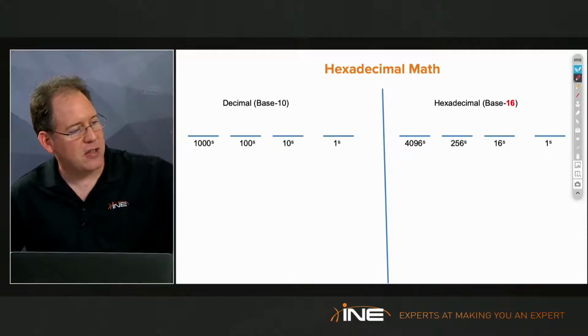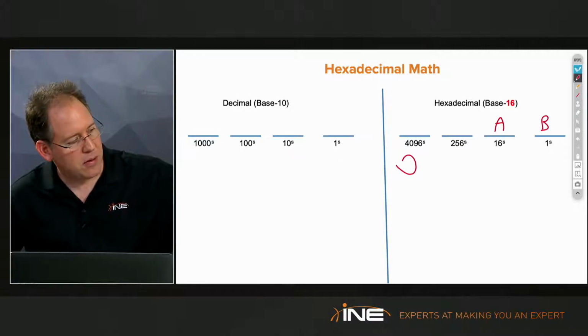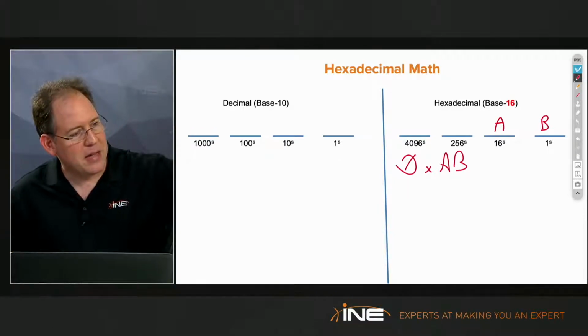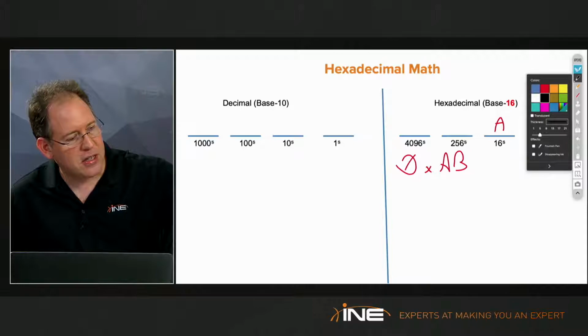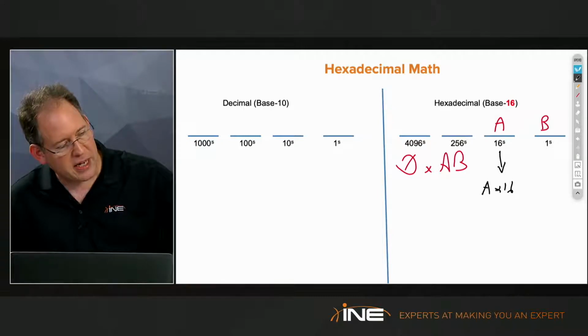What if I gave you this? 0xAB. All right, that means in the 16s position, I have A times 16, and we know that A is 10.